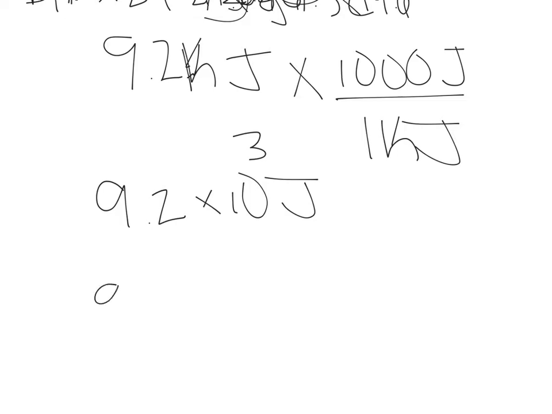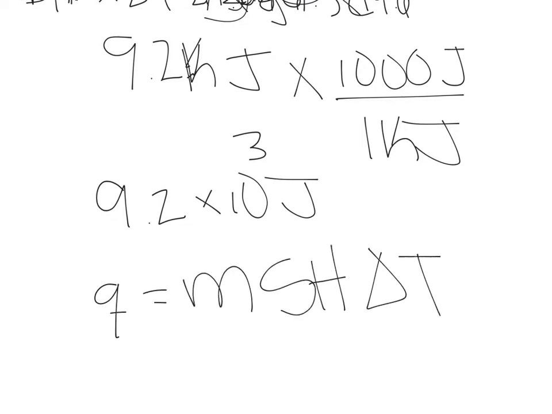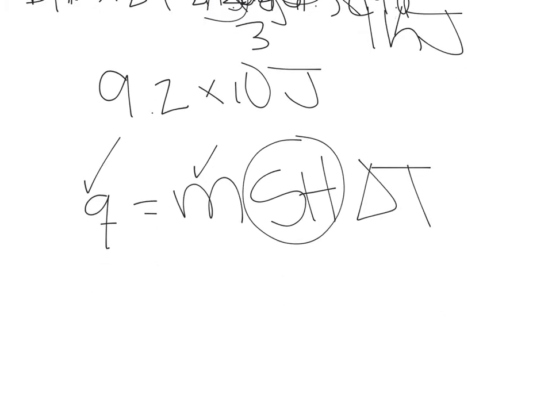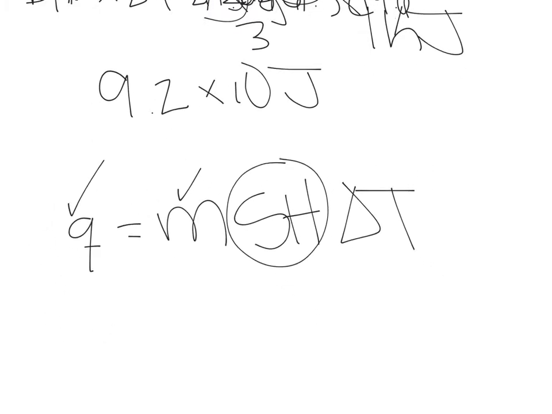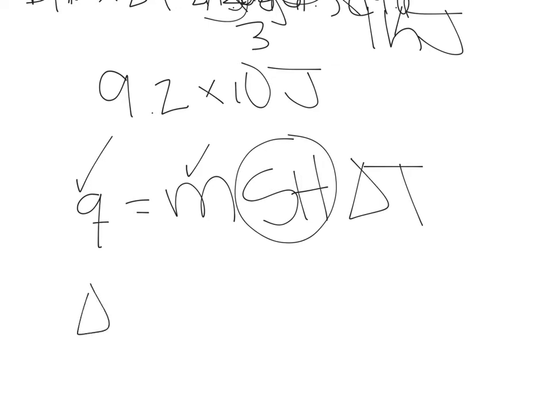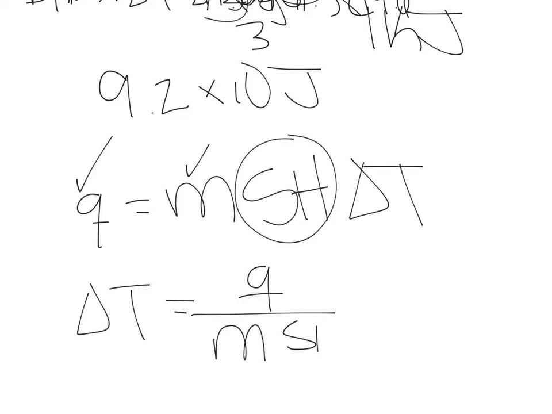So we use the same formula. Q equals mass, specific heat, delta T. We have Q, we have the mass. The specific heat is given in the tables that you will have in your exams all the time. So we can solve for delta T. Delta T is going to be equal to Q over mass times specific heat. We substitute. The value of Q was 9.2 times 10 to the third, because we converted it to joules.